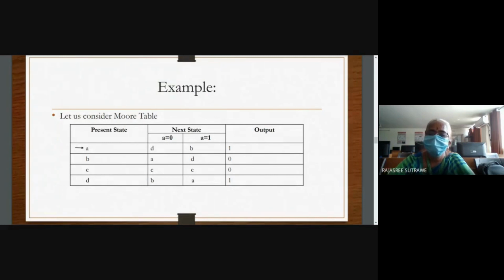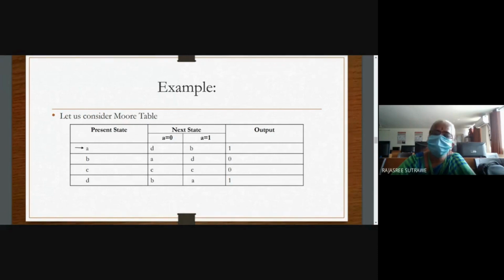1. So this one we are writing here. Okay. Then we are having A is equal to 1. Next state is B. So for B, output is 0. So we are writing here output 0. Then here for B next state is A. A output is 1.